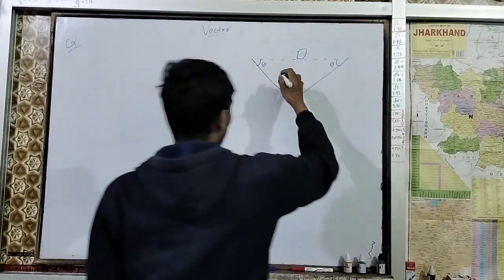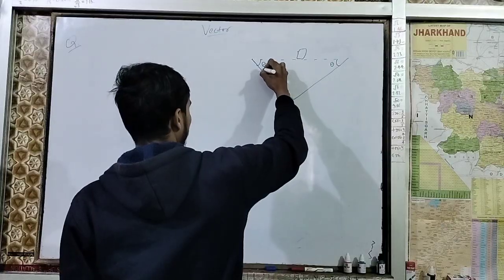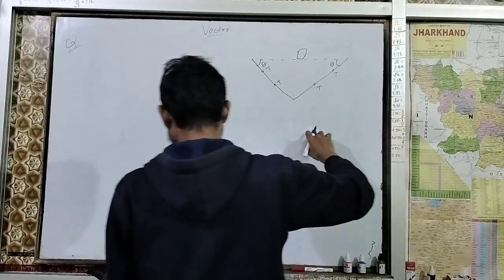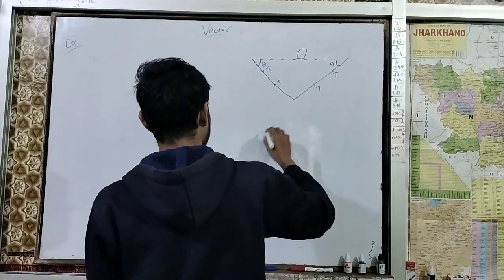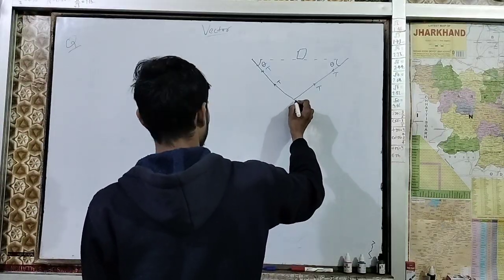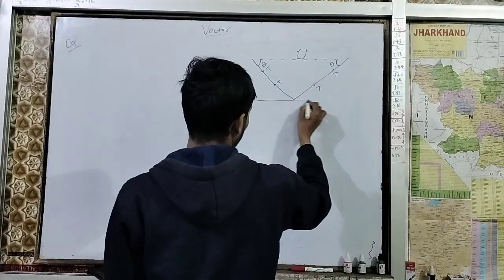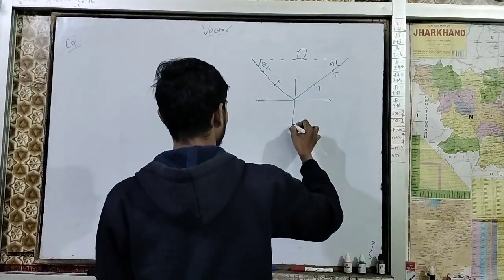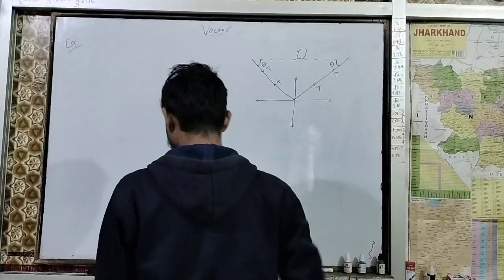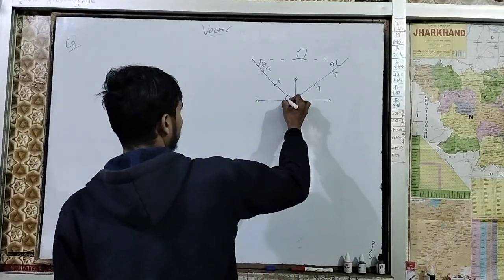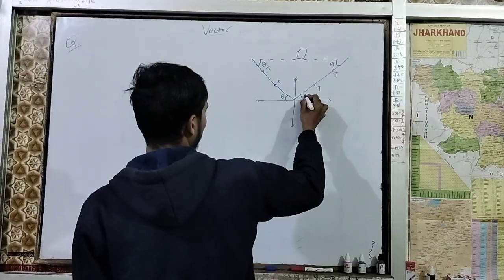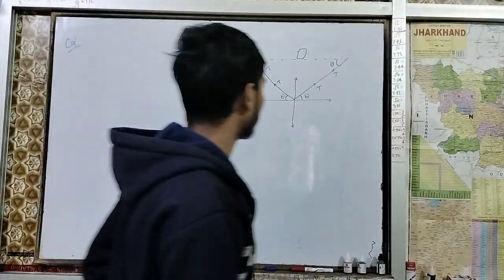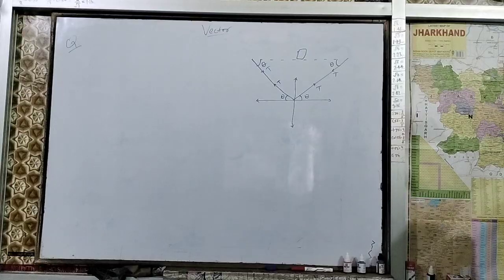This will be our tension T. If you draw one line horizontal and another vertical, this is our angle and this is another angle, theta, which are alternate interior angles.